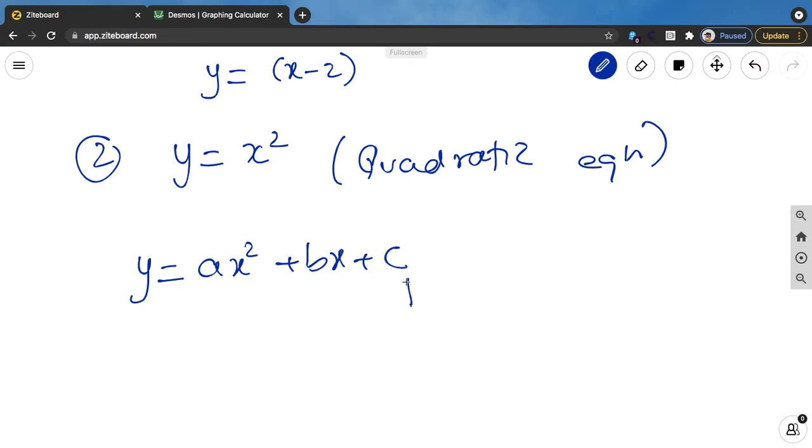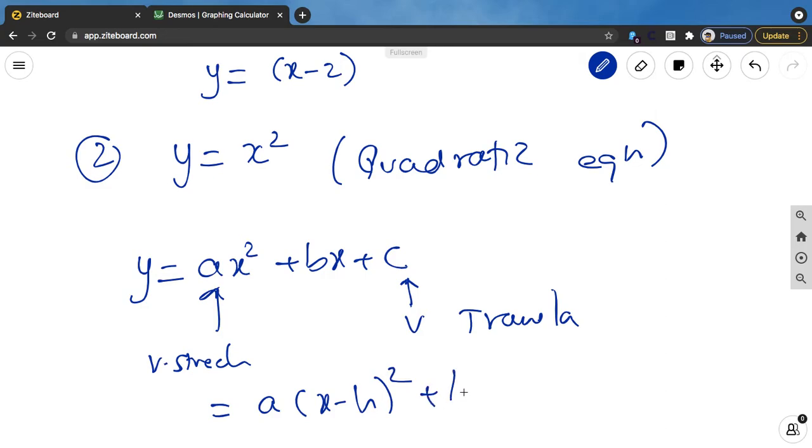I can think of it as a vertical translation. I can think of it as increasing the slope or making it a vertical stretch. I can write it as a vertex form and think of it as a horizontal translation and a vertical translation and a horizontal stretch.